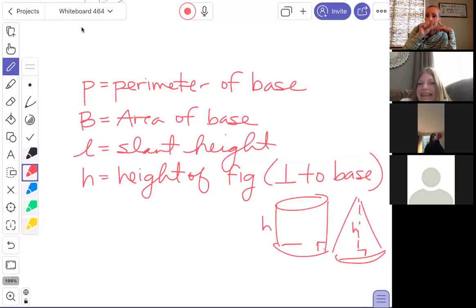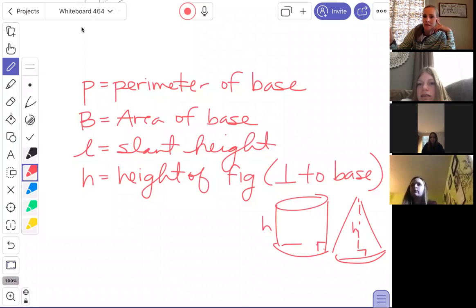I'll say find the lateral area. And then you need to do 1/2 PL or PH, whatever formula it is for the lateral area. You got to find the lateral area. The next question, you can't go backwards on this test. Once you answer that question, then the next question I say, okay, the answer should have been this, now find the surface area.